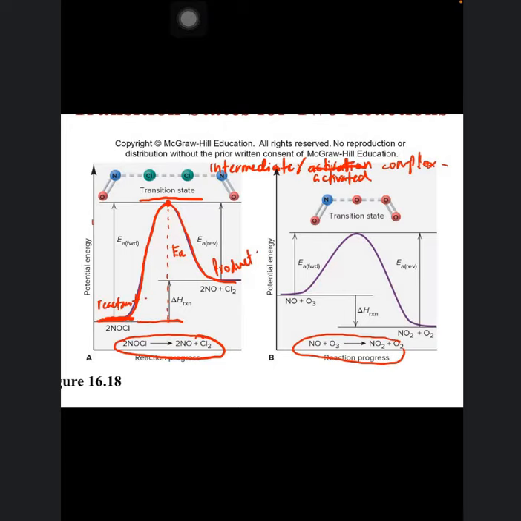Atas sikit. Okay, alright. So yes, beza dia adalah, kita tengok dekat diagram A ni, energy level untuk reactant lebih rendah daripada energy level of products. Tetapi dekat B, energy level untuk reactant lebih tinggi berbanding energy level of products.